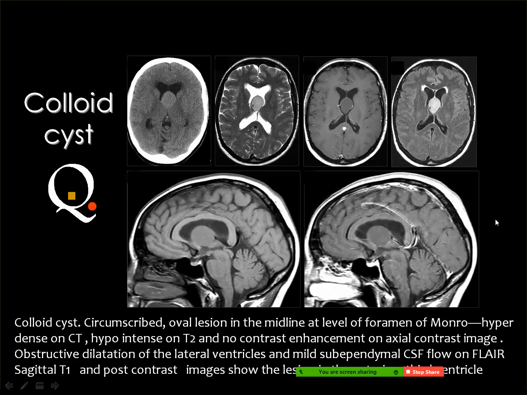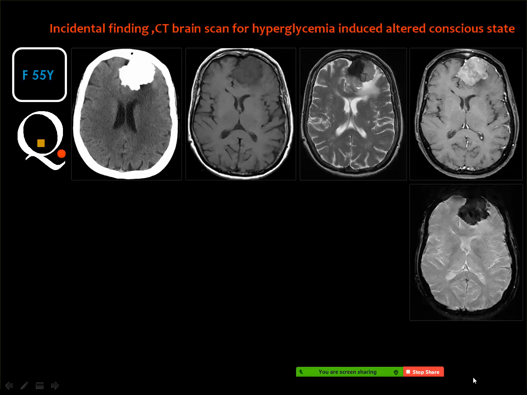This colloid cyst is not considered an intraaxial nor an extraaxial lesion. It is an intraventricular lesion.